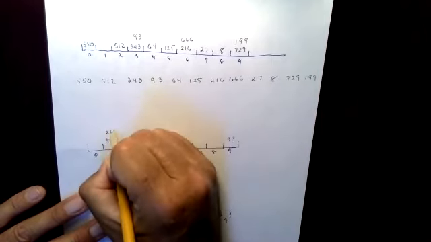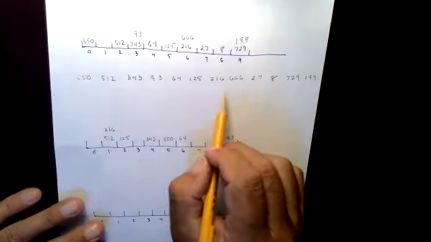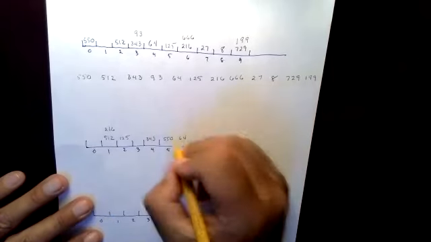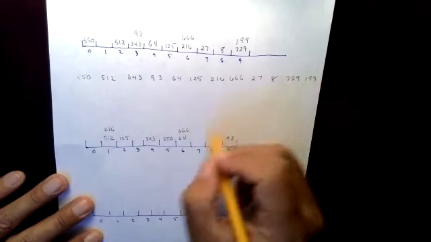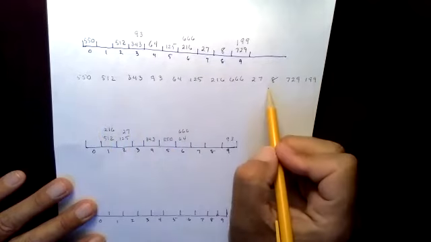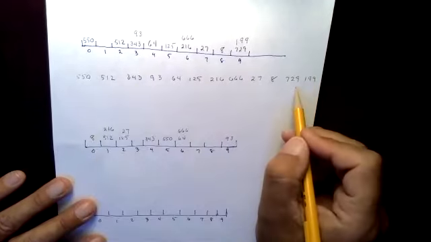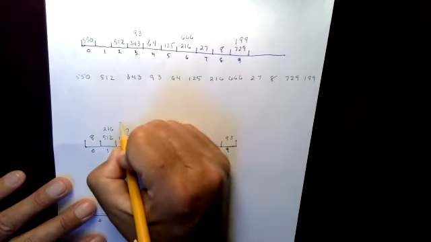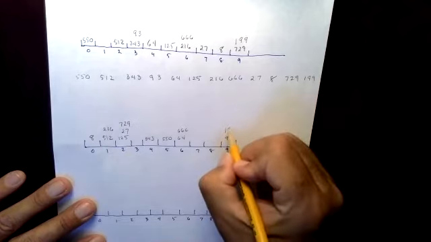Some of you are already going, well, yeah, I could use integer division or modulus to come up with that. 666. 27, that's a 2. 8, that's going to go where? Well, it's going to come over here in this 0 column. 729 is going to go here, and 199 is going to go out of here.